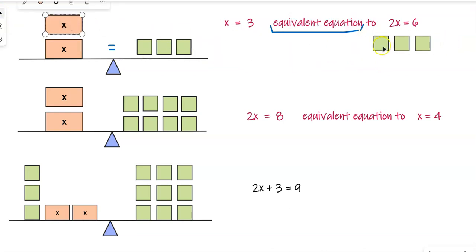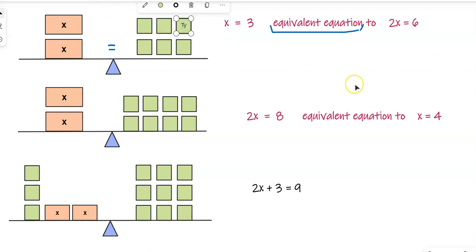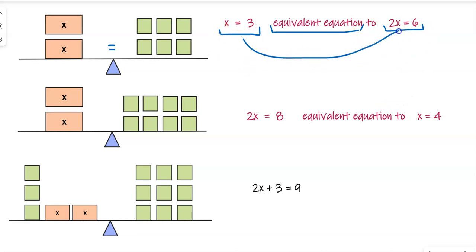On the left side we'll have 2x's, and here we'll have 6 units. So we multiplied by 2 on both sides, and we get the equivalent equation, which is 2x equals 6. So x equals 3 is an equation, and it is equivalent to 2x equals 6.